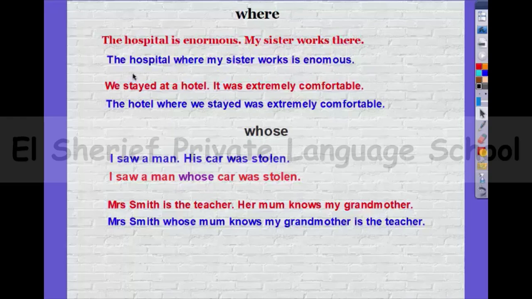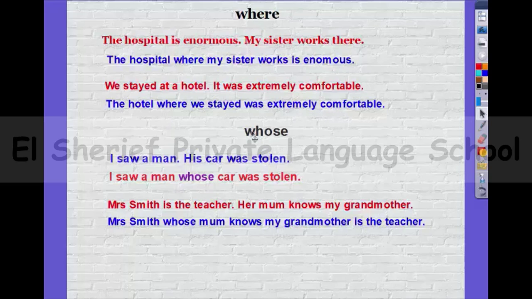So, the hospital where my sister works is enormous. So, where refers to this place, hospital. The second example, we stayed at a hotel. It was extremely comfortable. So, the hotel where we stayed was extremely comfortable.